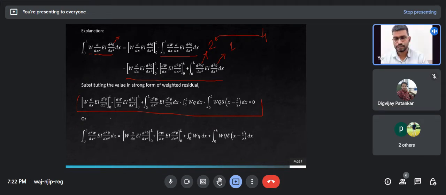In this I have rearranged the terms, and I have taken the terms which have the V bar B bar terms, right? And all the rest of the terms I have taken on the left hand side, right?